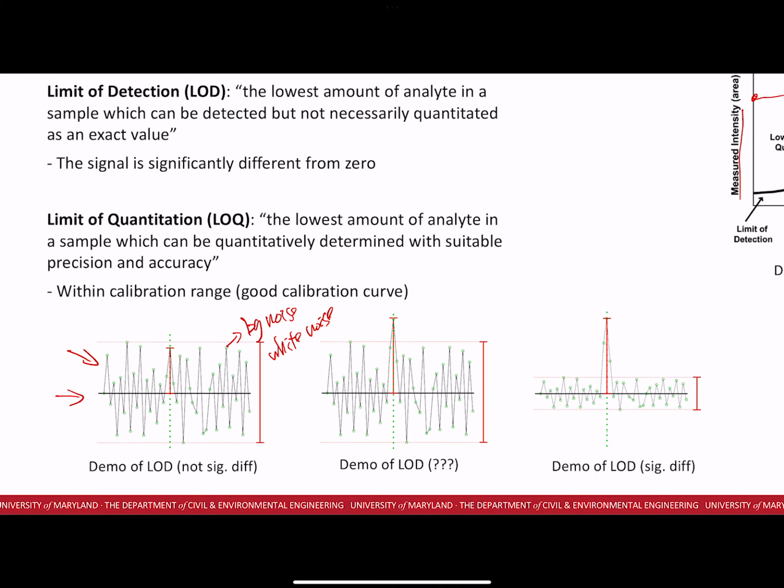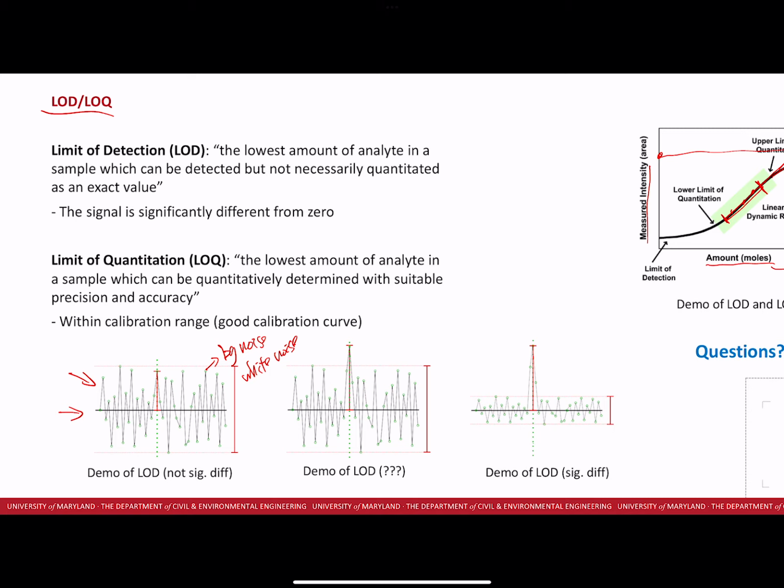Once we are measuring our sample, like for this example, when we got the sample, we will have a very large signal. And in this case, the strength of the signal of our sample is significantly different from the white noise. So if it is in the calibration range, then we can determine the exact concentration of our sample.